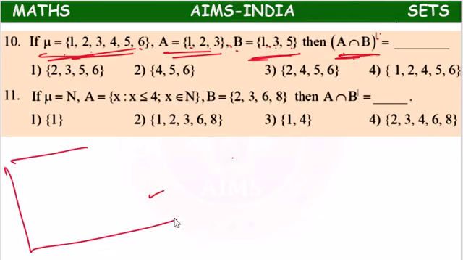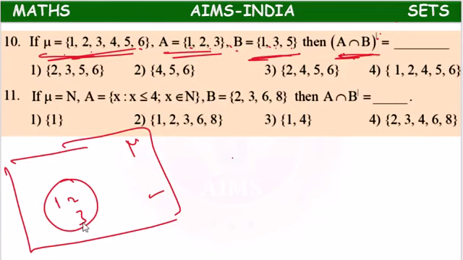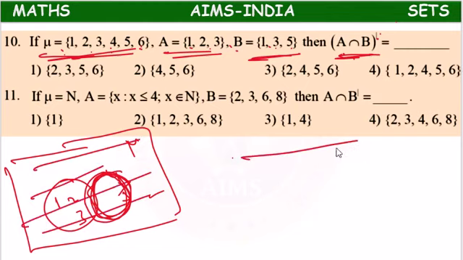In the universal set mu, we have set A {1, 2, 3}, and in the universal set we have 1 to 6 elements. Sorry, we have another set also, B {1, 3, 5}.